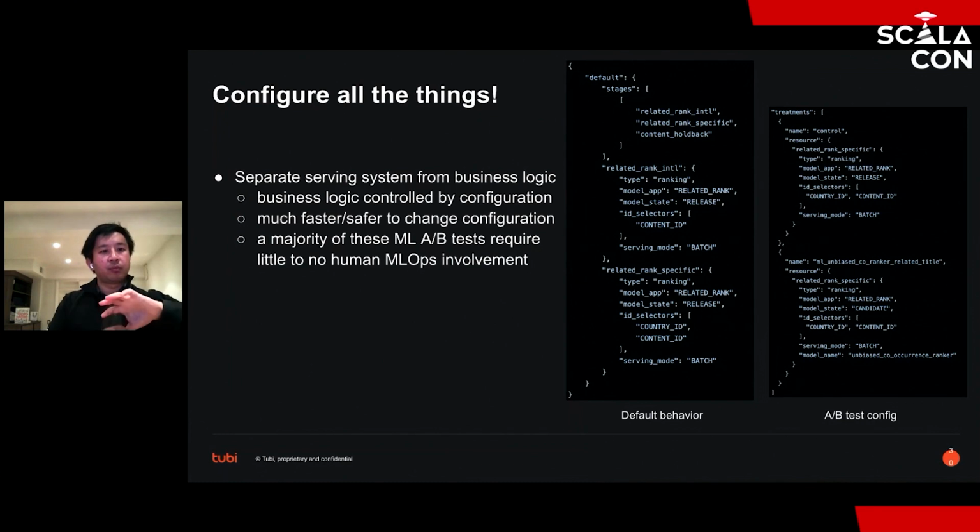So what we're doing is separating the serving system from the business logic, so that we can actually satisfy both objectives at once, right? At Tubi, the majority of our machine learning tests require very little or even zero human intervention from our machine learning operations team.